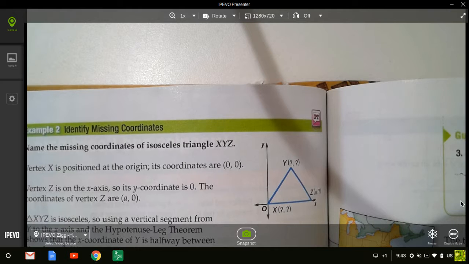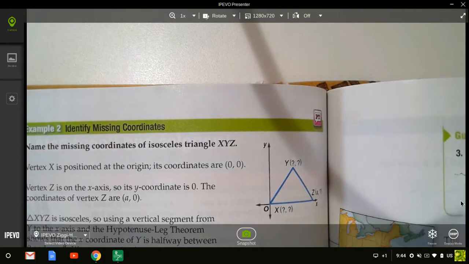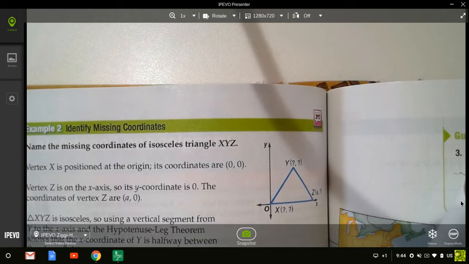What is the z for? So then I think these two are congruent. Oh, that's true. Those 2 sides are congruent. So then it would be one A.